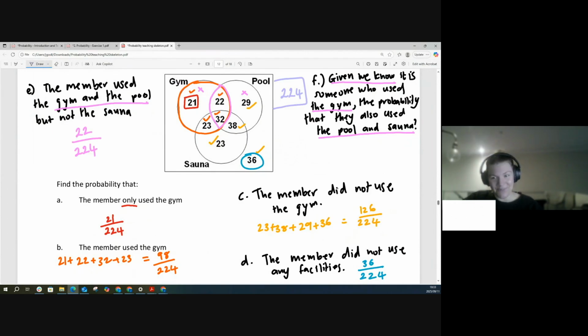Now, F. F says, given we know it's someone who used the gym, that means our denominator is people who use the gym. So our denominator is going to be 98.